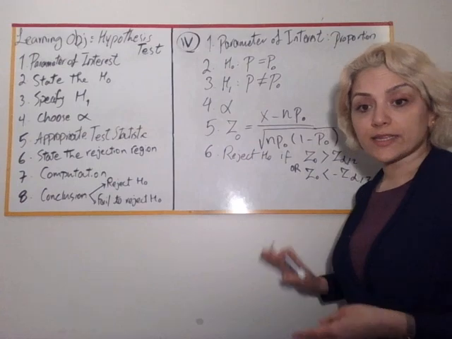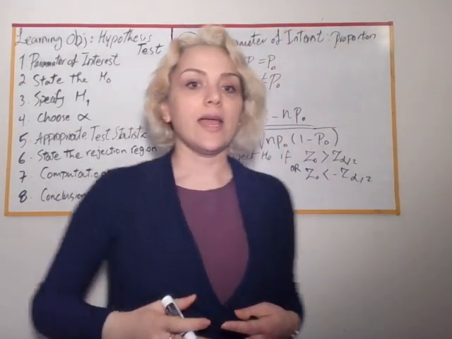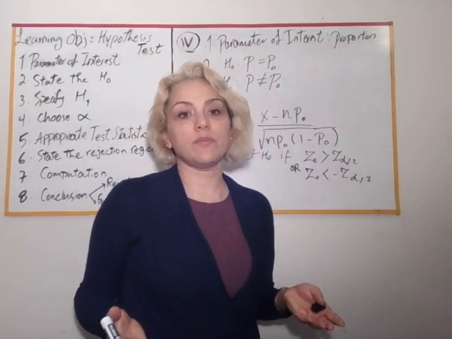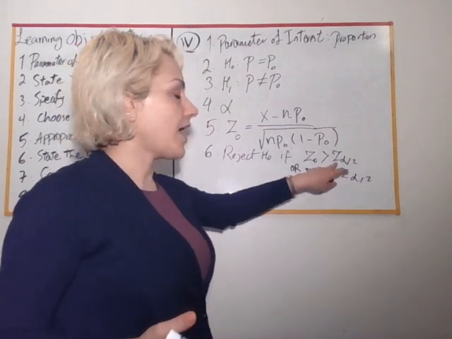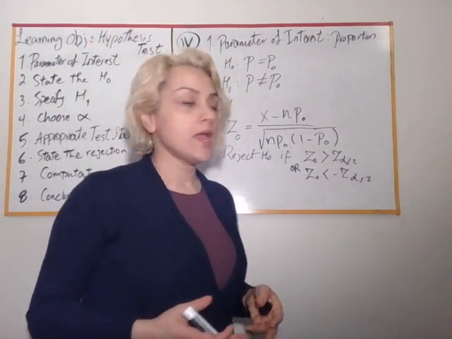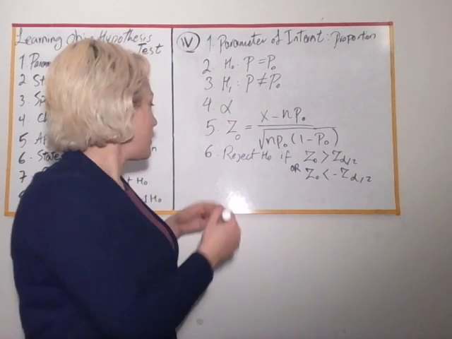So this is for the two-sided. If it was one-sided, the same thing applies, but instead of half of the alpha, you're going to write down alpha. So that's our rejection region.